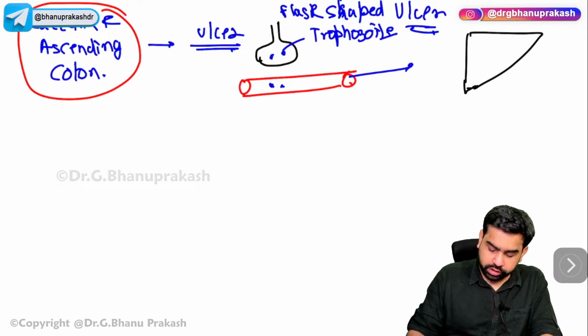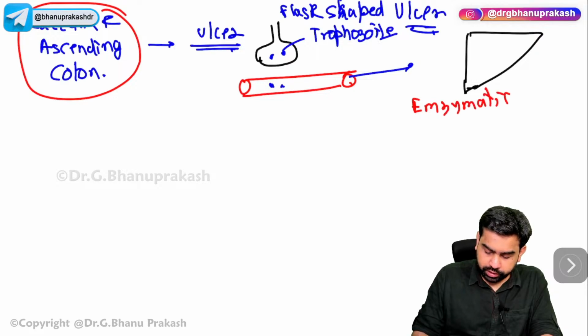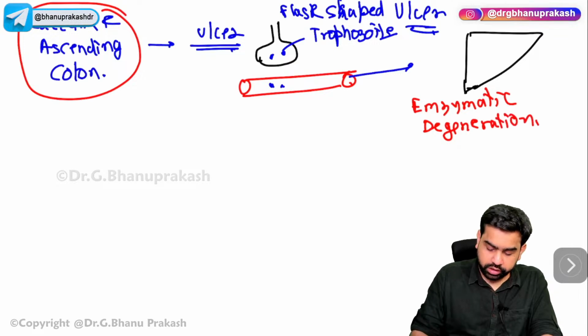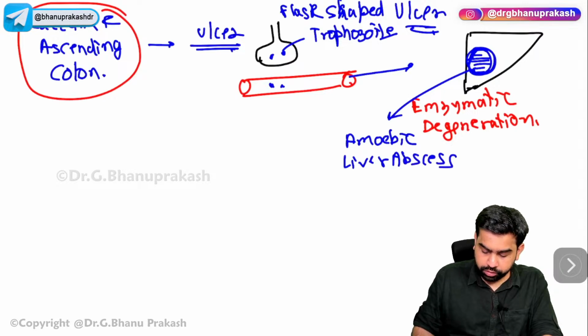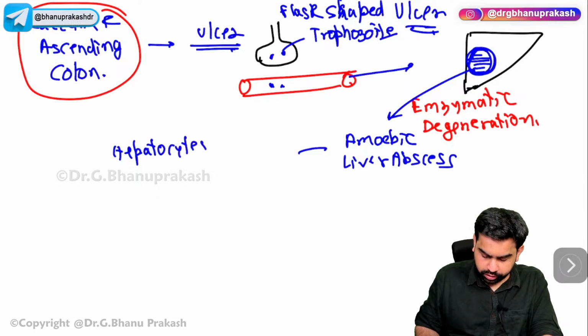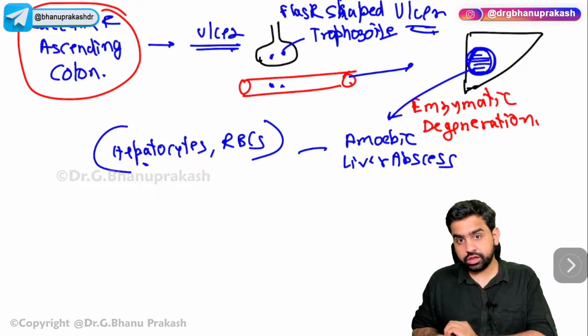In the liver, it causes an enzymatic degeneration, which leads to the development of your amoebic liver abscess, which consists of dead hepatocytes and RBCs.